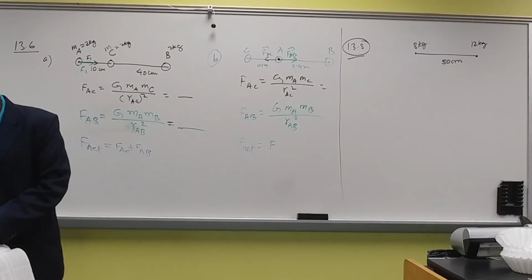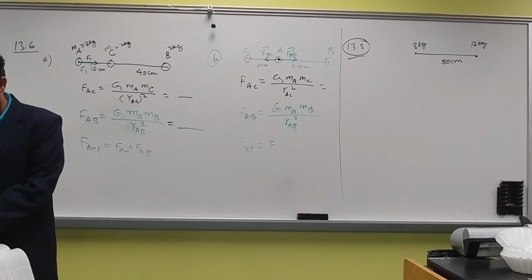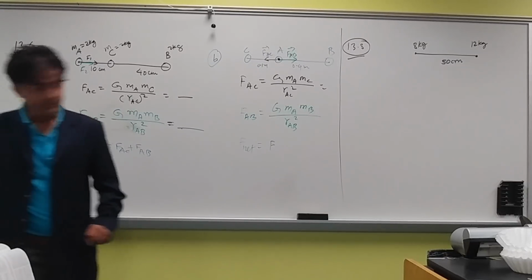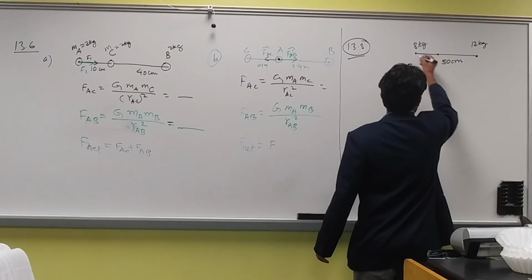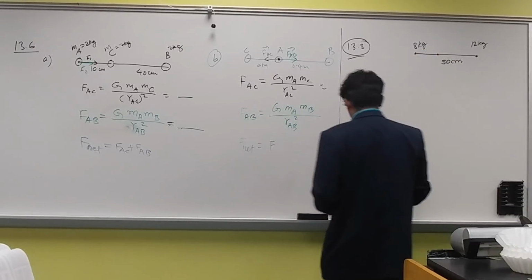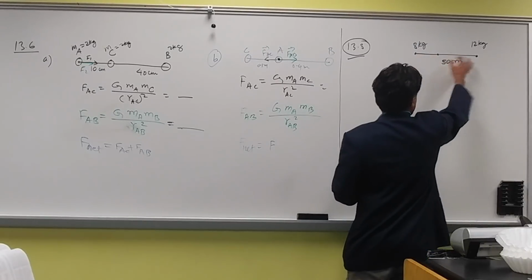Okay. So now the question is, a particle of mass m is released from a point between the two masses, 20 centimeter from the 8 kilogram mass. So you have a particle of mass m, at 20 centimeter from the 8 kilograms. So this is 50, this side is 20, this side is 30.